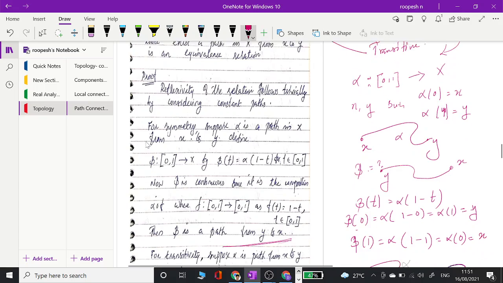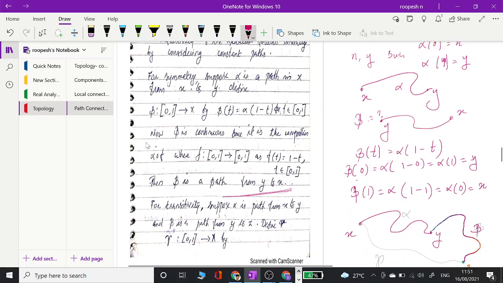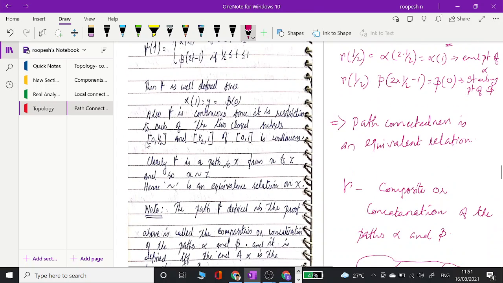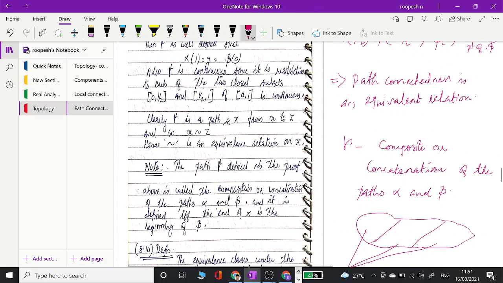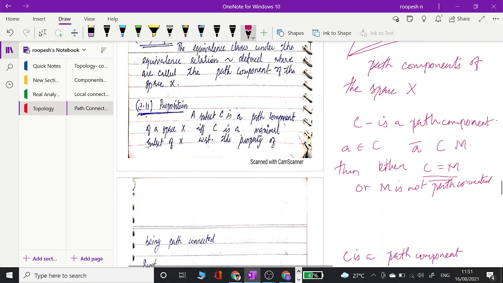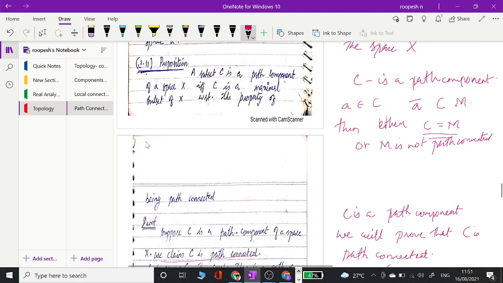It will partition the entire space into equivalence classes, and each equivalence class we say is a path component of the space X, and these path components are maximal path connected subsets of the space X. That's the last proposition: a subset C is a path component of a space X if and only if C is a maximal subset of X with respect to the property of being path connected.